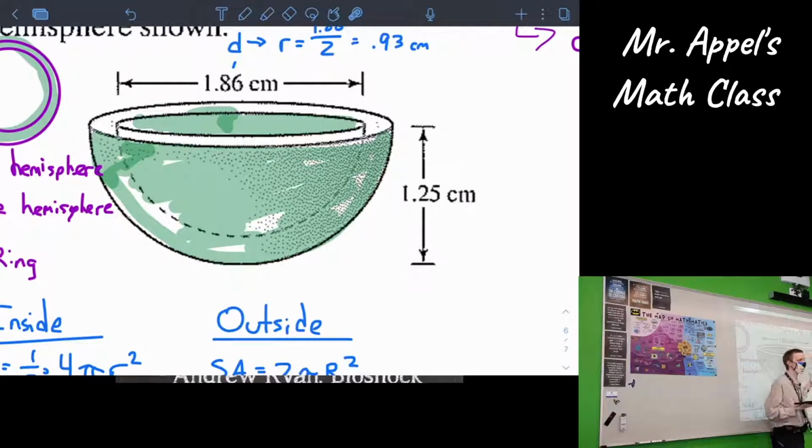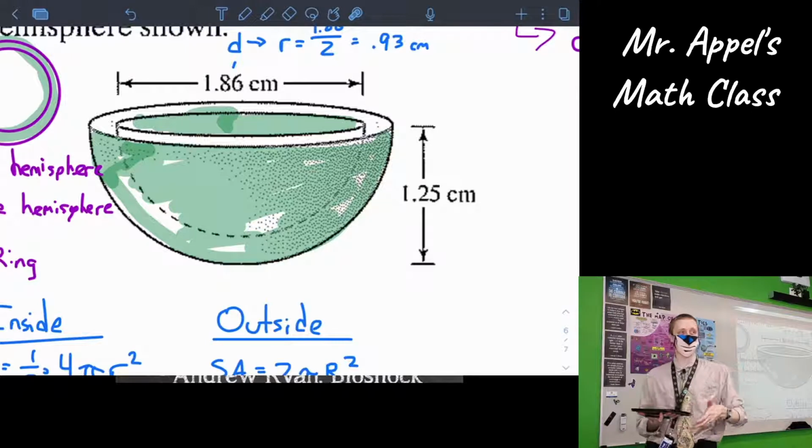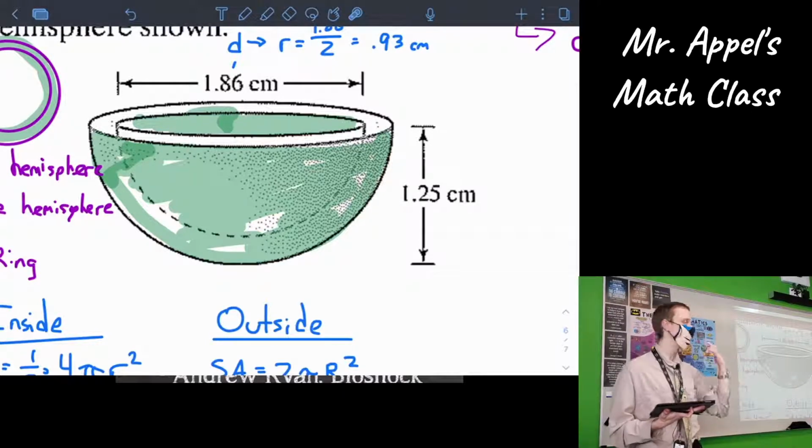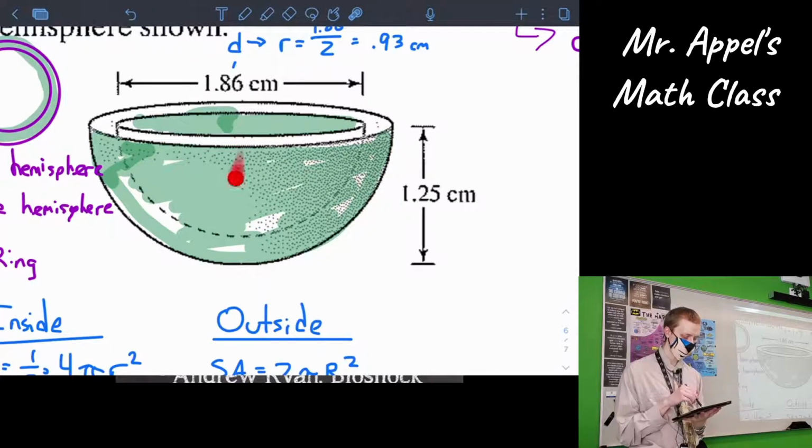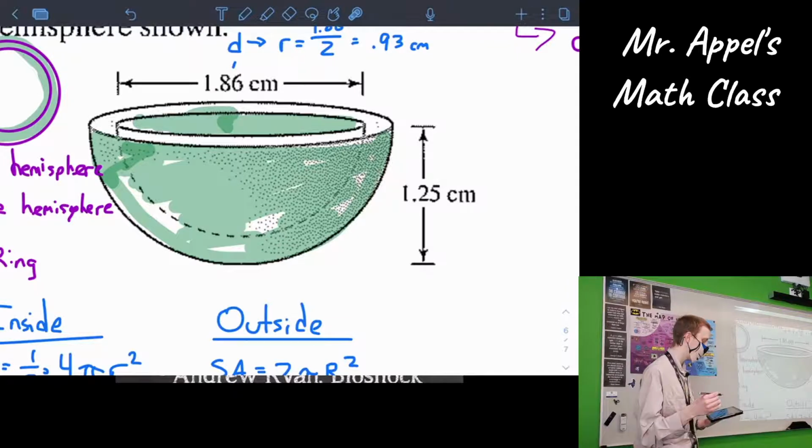And now looking at it from the diagram, can we work out, did they give us the radius or the diameter this time? What do you think? Is that the radius or the diameter of our hemisphere? It's going up and down now. This one is the radius, you're right. Because if we look at that, going from the middle out to the edge of our half circle here, that's totally a radius.